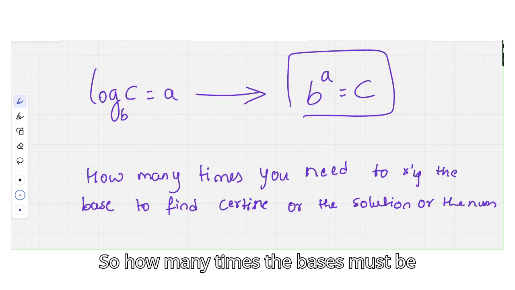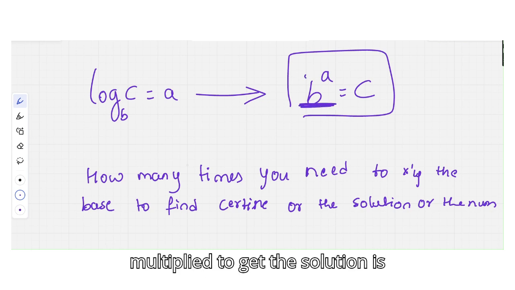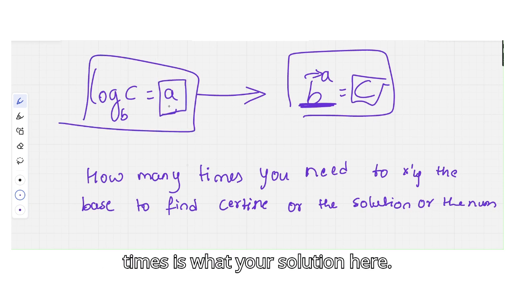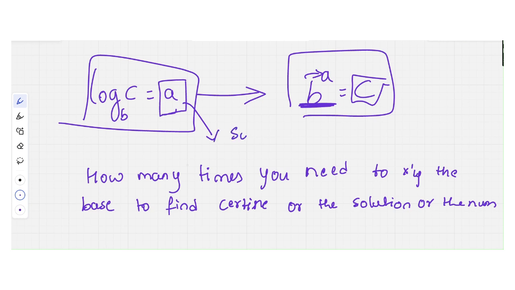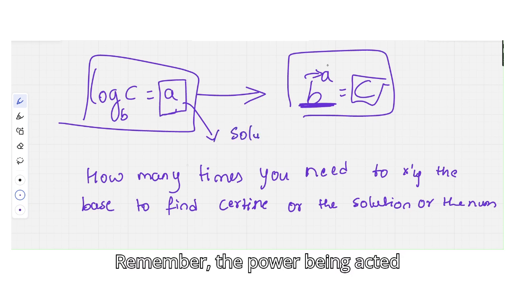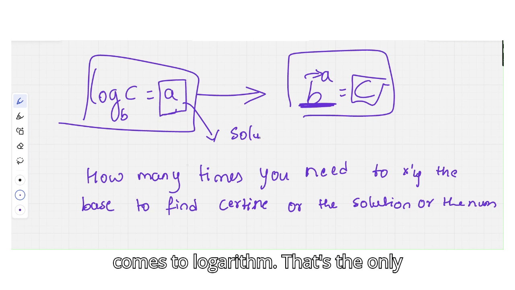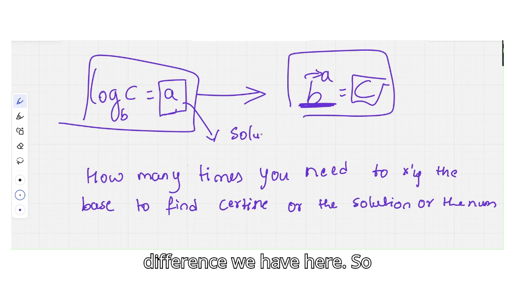So how many times the base must be multiplied to get the solution is what the logarithm is. Remember, the power in the exponential becomes the solution when it comes to logarithm. That's the only difference we have here.